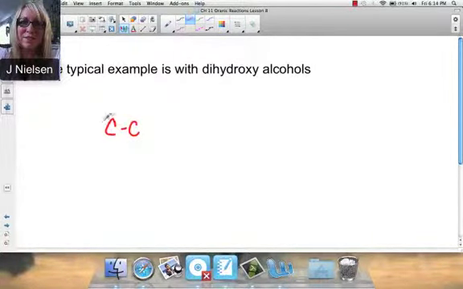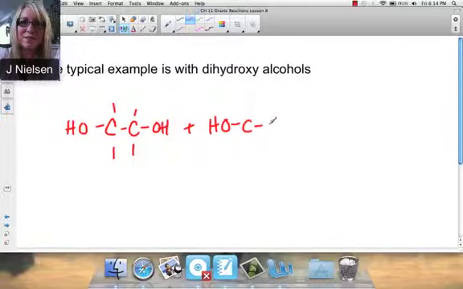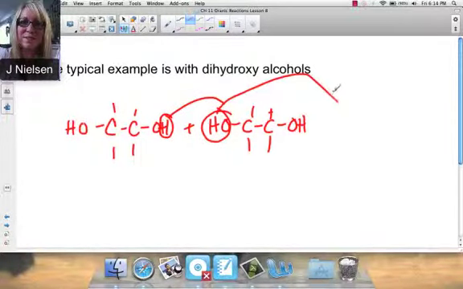I'm just going to show you with two dihydroxy alcohols. Normally you would have a whole bunch of them, but the process is repetitive. So what's going to happen is I'm going to remove the H from here and the OH from here, and these guys are going to hook up and they're going to form water.